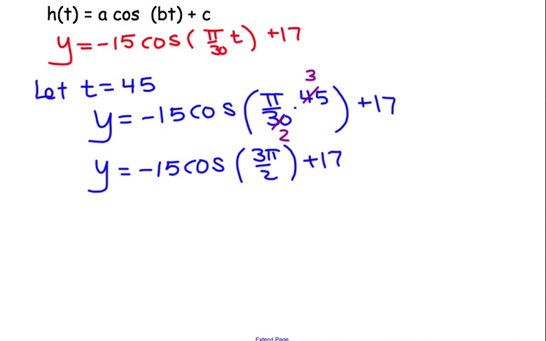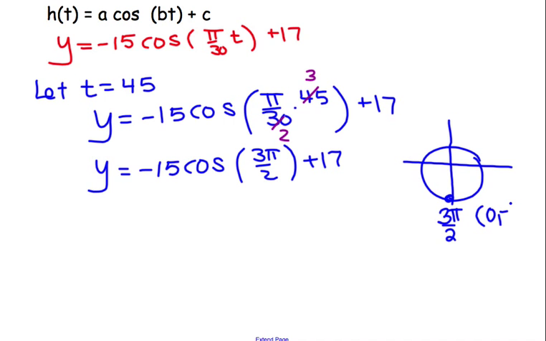We've already taught you circular, unit circle, trigonometry. You probably recognize 3 pi over 2, a very popular angle. So if I just construct the unit circle here, here is 3 pi over 2. What are the coordinates for 3 pi over 2? 0 and negative 1.